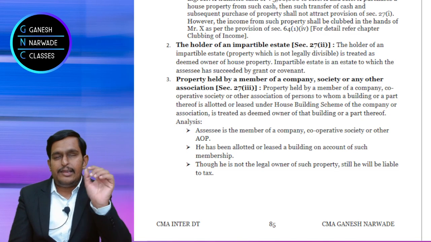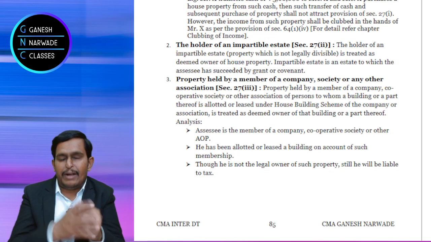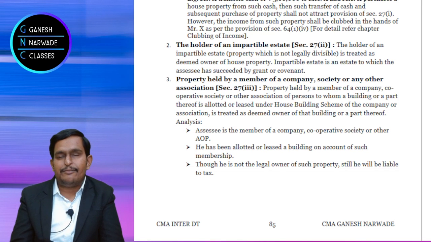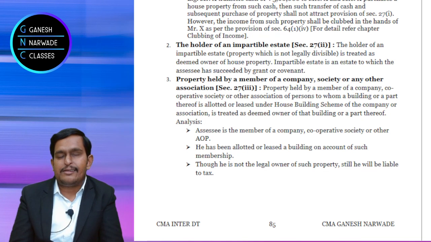That means legal ownership is in the hands of the company or association, but the certificate of occupation, certificate of possession is given to the member. So even though the member is not the legal, registered owner, he is deemed owner because he has the right of possession, he has the right of occupation. That's why deemed owner. Okay, this is section 27 clause 3.